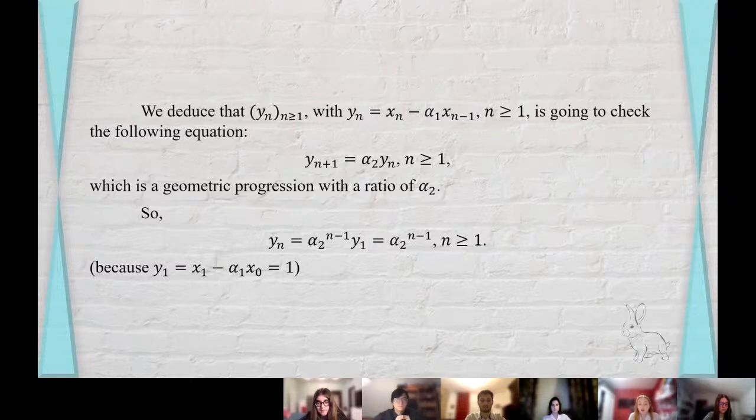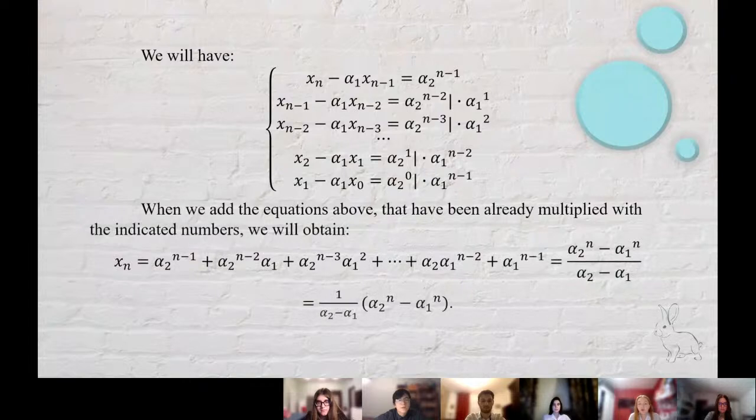So y n will be equal to alpha 2 to the power of n minus 1 for n greater or equal than 1. We will have the following equations, and when we add the equations above that have already been multiplied with the indicated numbers, we will obtain that x n is equal to alpha 2 to the power of n minus alpha 1 to the power of n, divided by alpha 2 minus alpha 1.